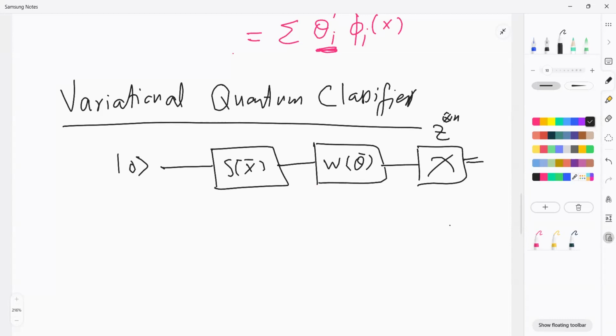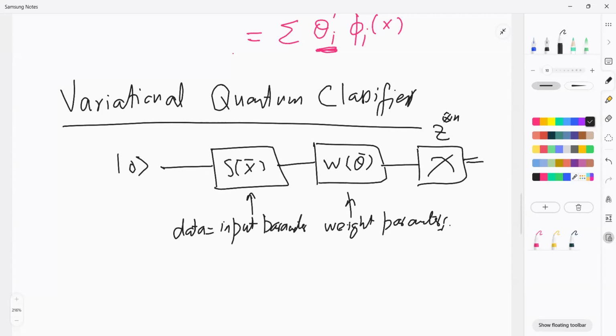This takes our data, and this takes the weight parameters. Just as vocabulary, sometimes we also call this data parameters, but to differentiate from weight parameters, these are input parameters. So we have input parameters and we have trainable weight parameters.